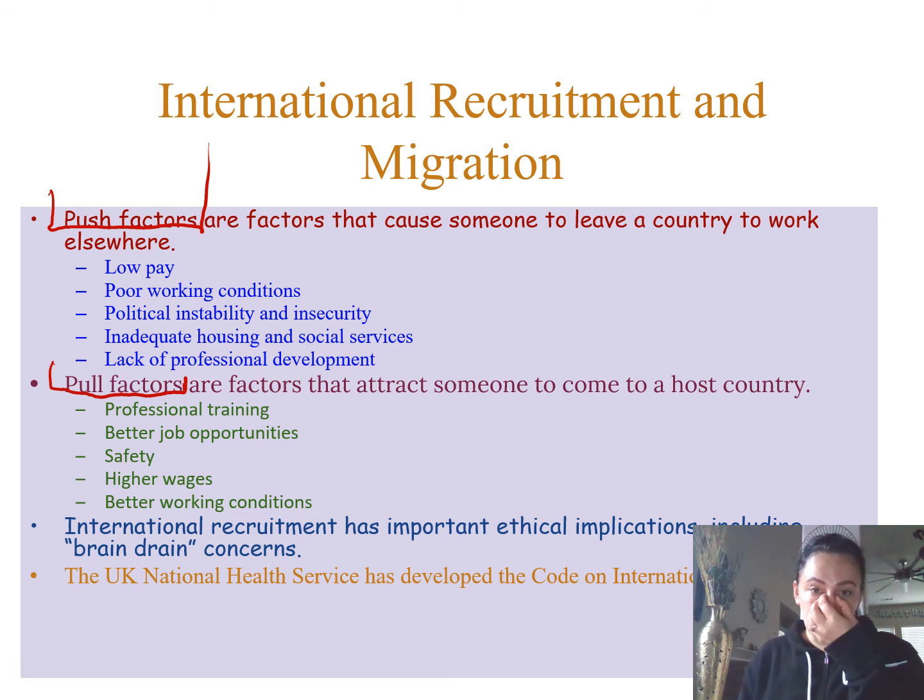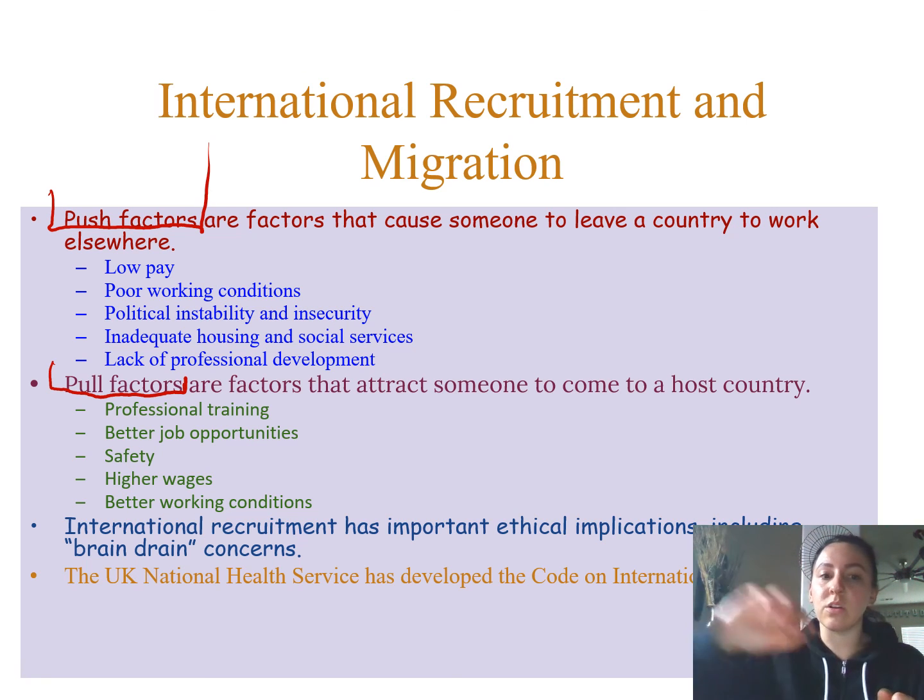International recruitment has a lot of important ethical implications, including brain drain and brain gain. Brain drain is when people leave their country. When highly qualified professionals leave, your country is experiencing a brain drain.